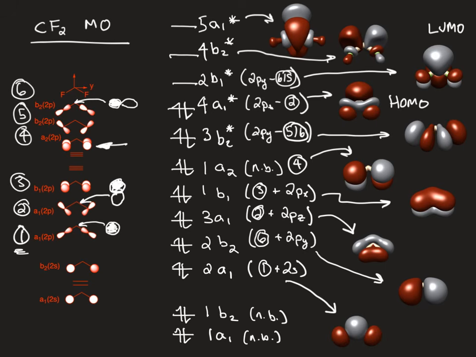So as you can see, these results using a reasonably high level calculation yield the same molecular orbitals that we would qualitatively obtain just by doing the simple overlap of the carbon atomic orbitals with our F2 ligand generated orbitals, or SALCs.